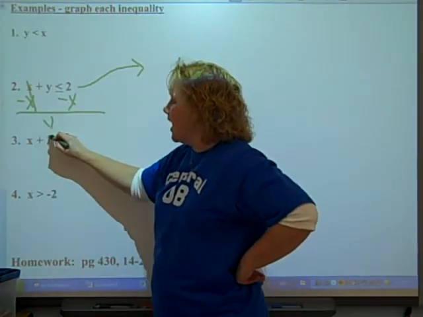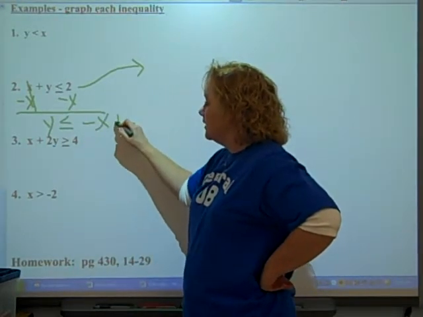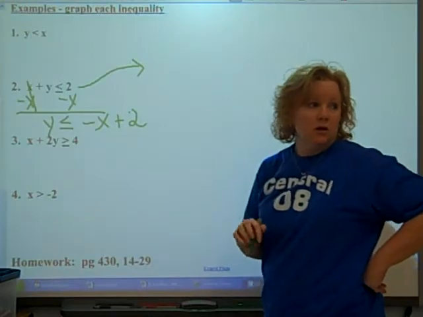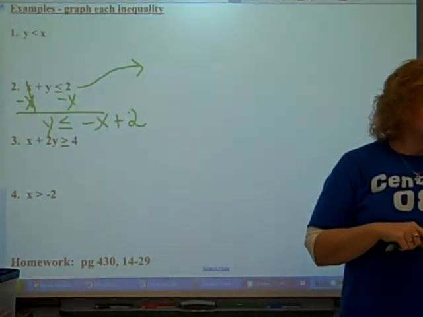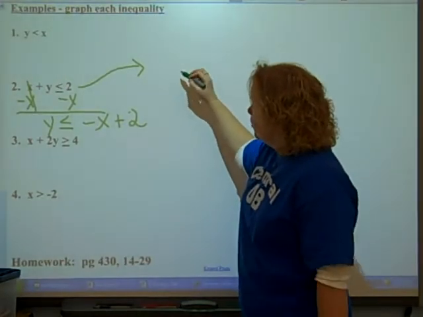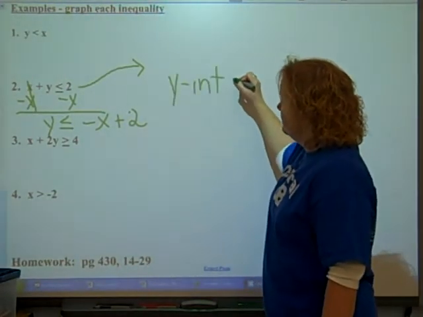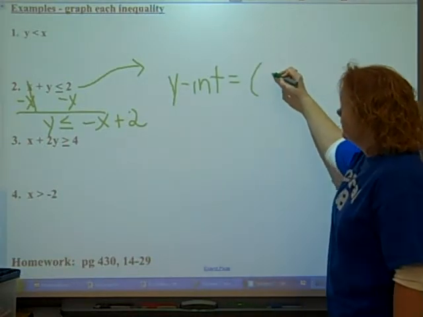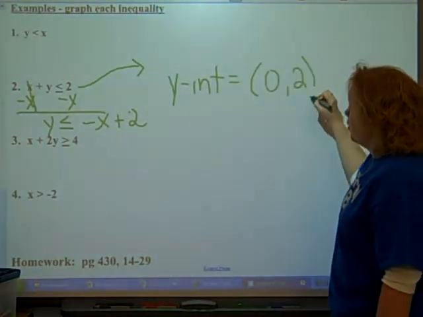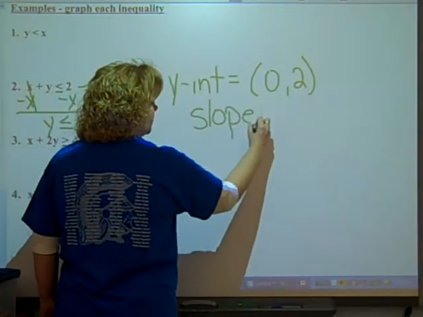I now have y is less than or equal to -x plus 2. It's now in slope-intercept form. Tell me what my y-intercept is. Anybody? 0, 2. What's my slope? -1 over 1.